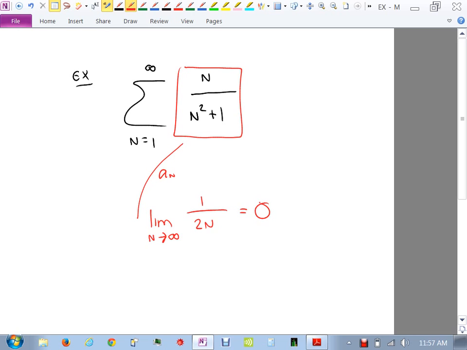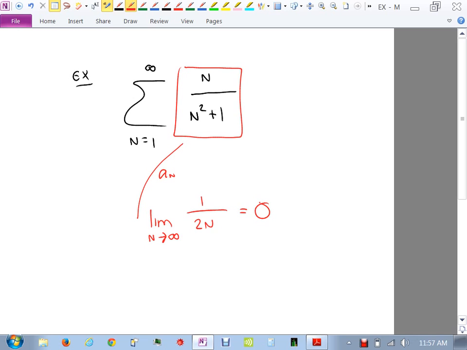nothing. Okay? This is the most important part of this test. They call it the nth term test for what? What does it say here? Underline. The nth term test for divergence. That test only gives you divergence. That's all it does. If you get 0, it doesn't tell you anything. It might converge and it might diverge.